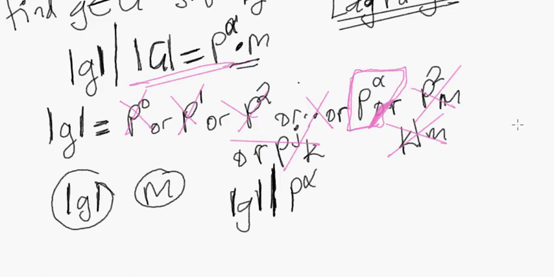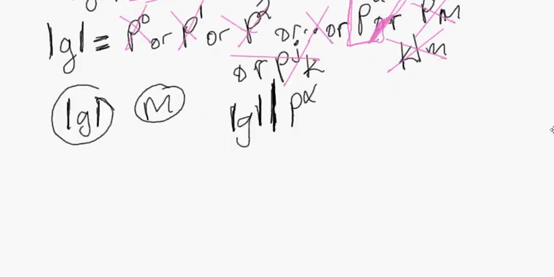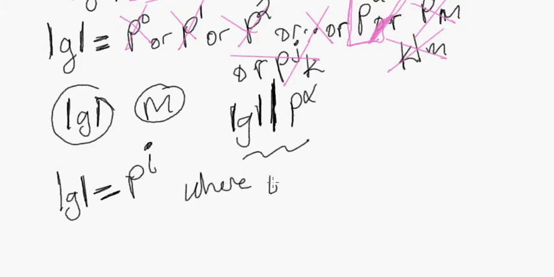Well, if you have an element whose order divides p to the alpha, is there any way for us to guarantee that we're going to have a subgroup of order p to the alpha? Isn't it possible that the order of g may equal p to the i, where i is less than alpha?